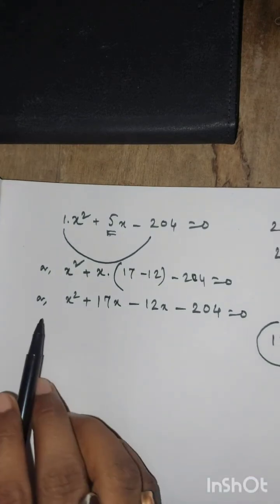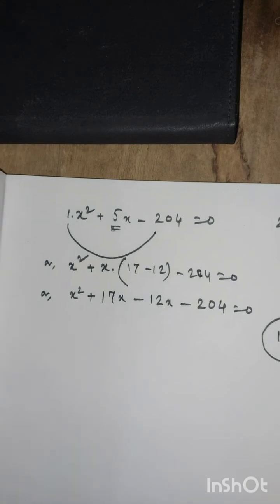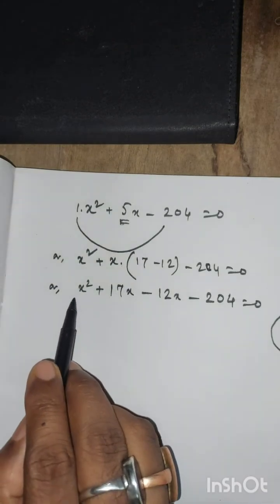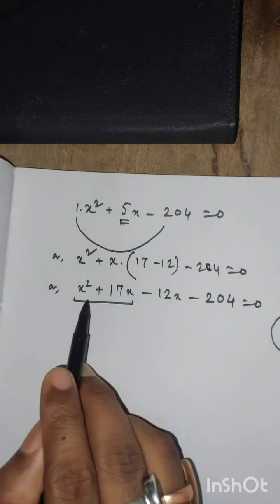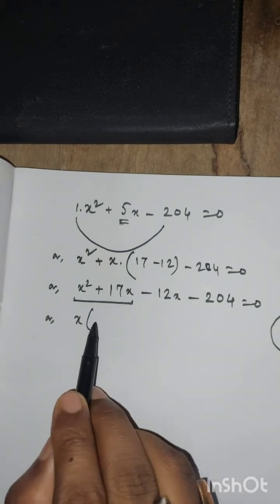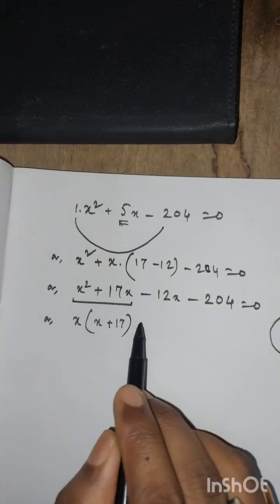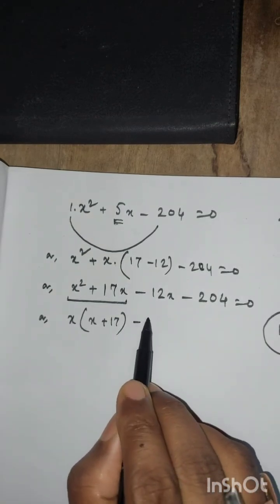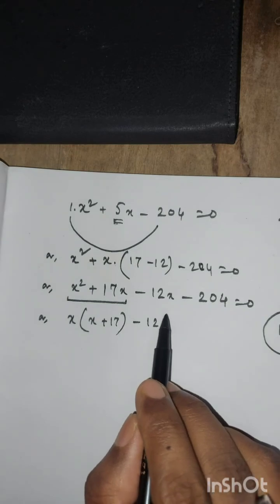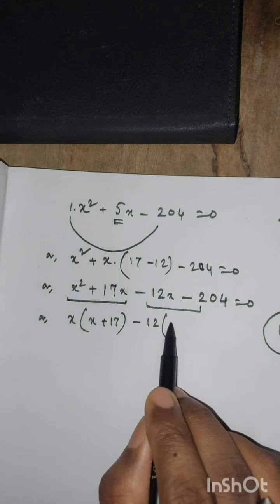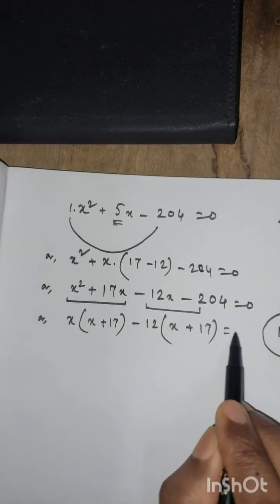So this is our middle term break. Now from these two quantities we can take x as common, so it becomes x plus 17, and if we take minus 12 common from these two quantities, we get x plus 17.